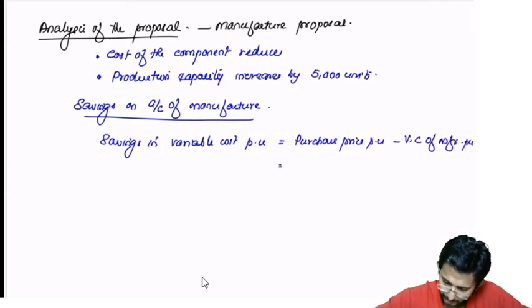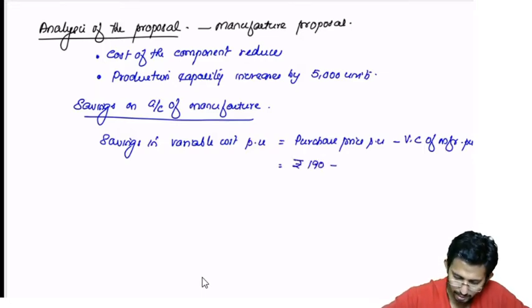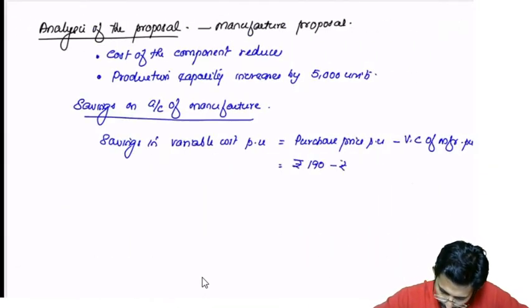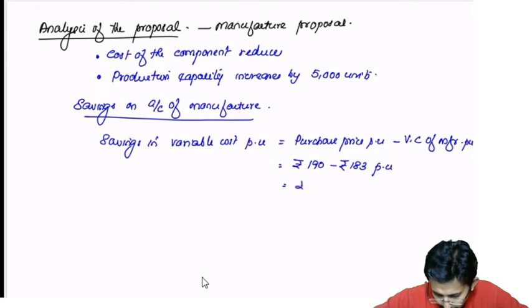That is equal to rupees 190 minus 183, which is rupees 7 per unit.